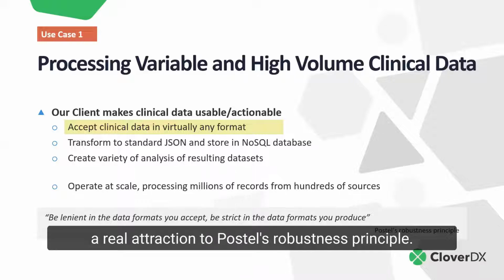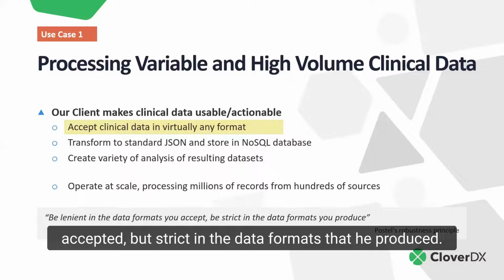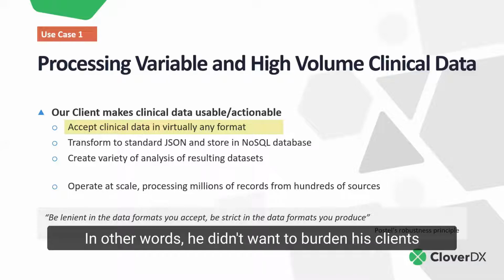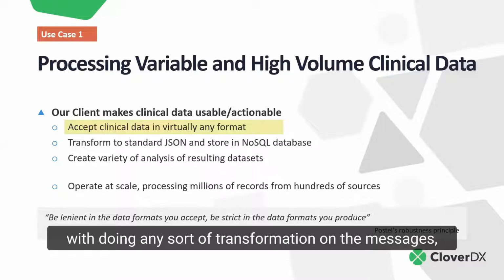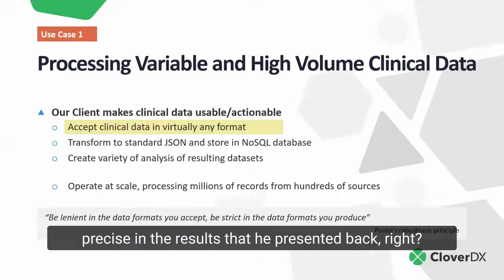with a real attraction to Postel's robustness principle. He wanted to be lenient in the data that he accepted, but strict in the data formats that he produced. In other words, he didn't want to burden his clients with doing any sort of transformation on the HL7 messages sent to him, but in return, he was still going to be precise in the results that he presented back.